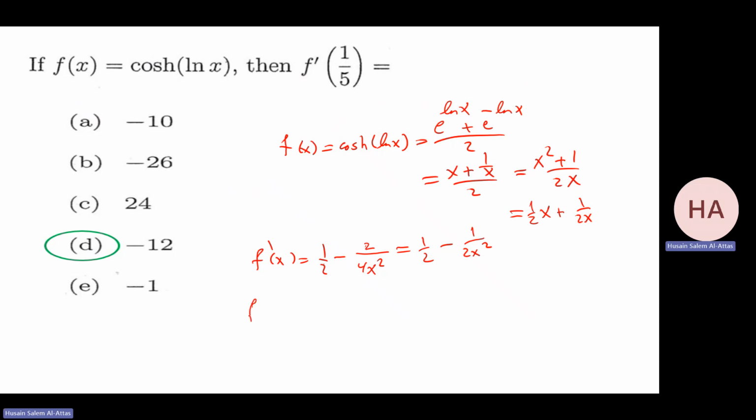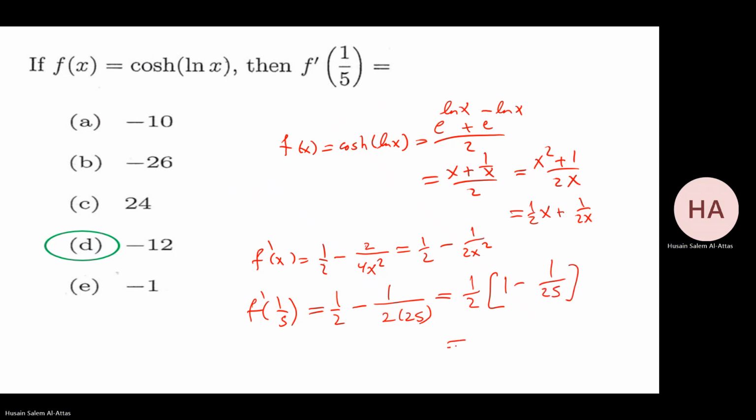So it will be f prime at 1/5. That would be half minus 1/2 times 25. Can take half as common factor. I have 1 minus 1/25, 25 minus 1.